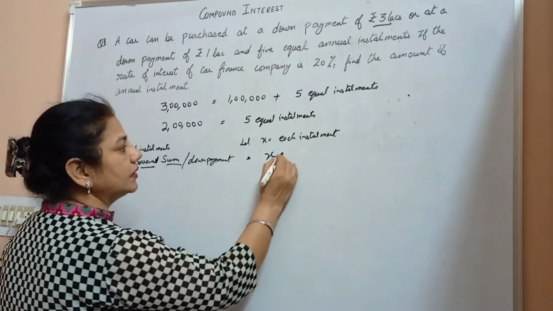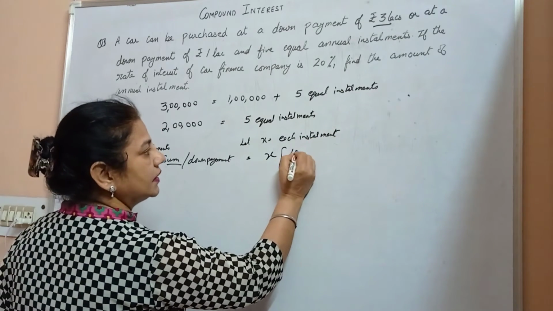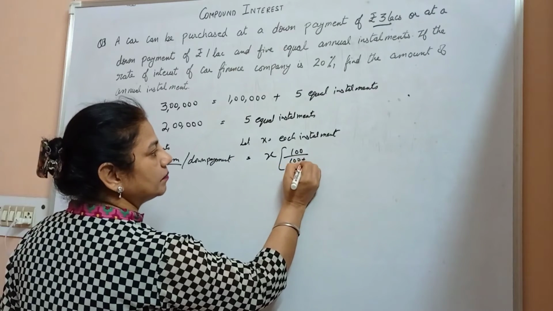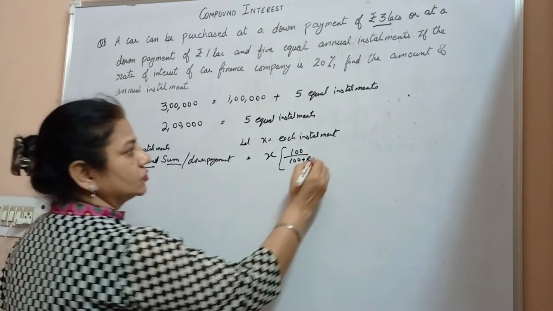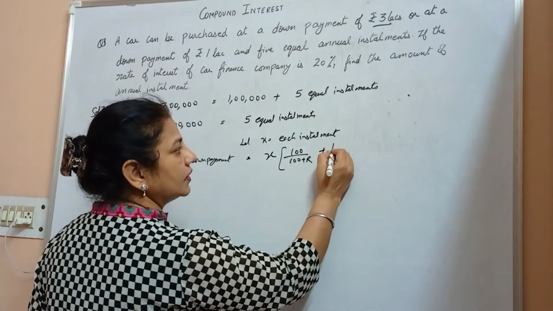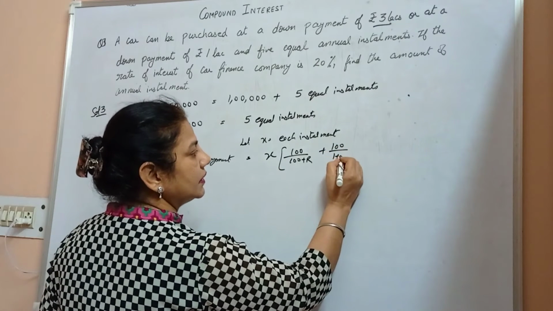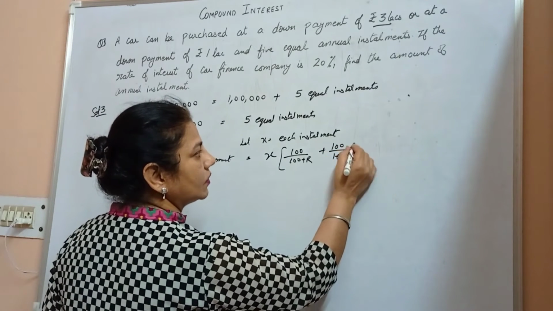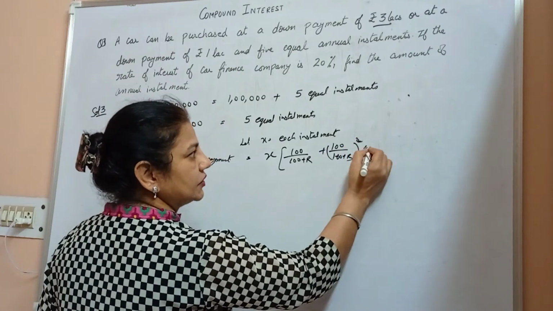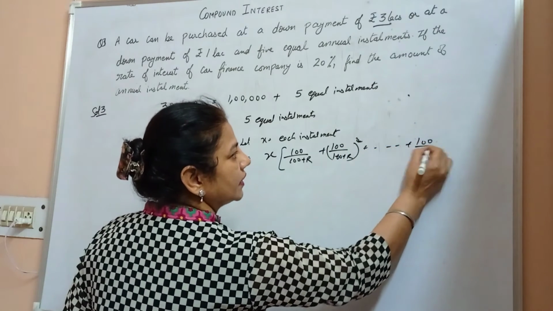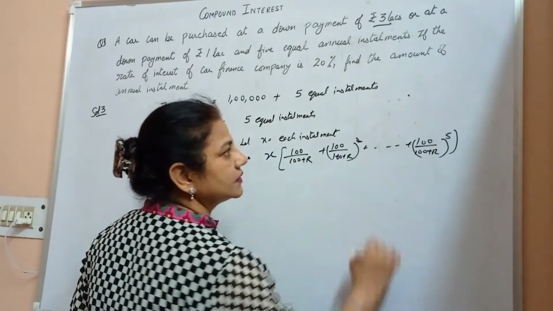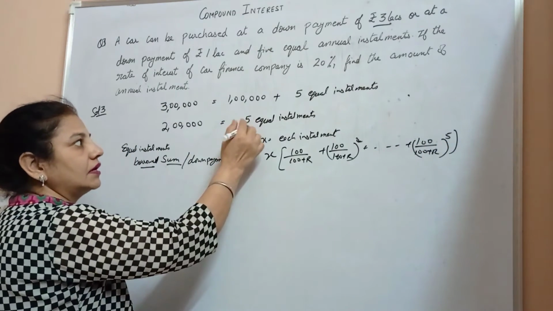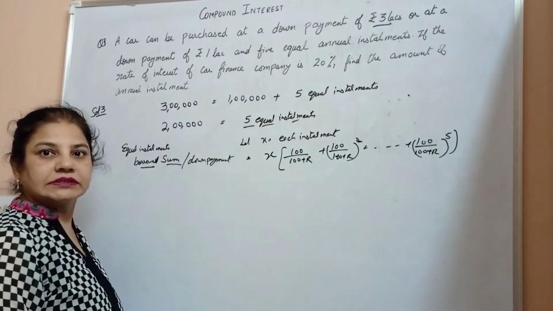x is each installment. Then 100 upon 100 plus rate of interest. Here the rate of interest is given as 20. So for the first installment, 100 upon 100 plus r, whole square for the second installment, and so on, 100 upon 100 plus r whole to the power 5, as there are 5 equal installments.